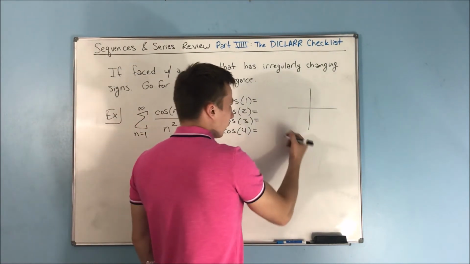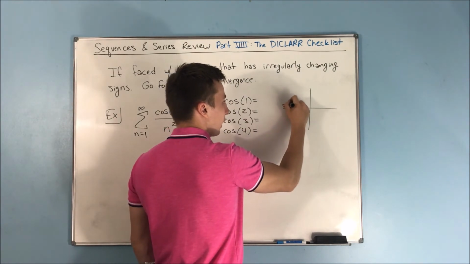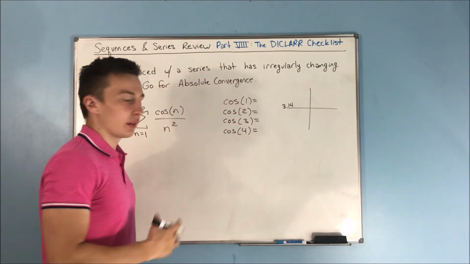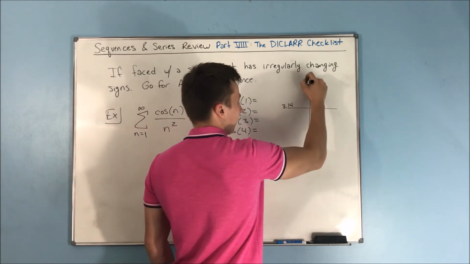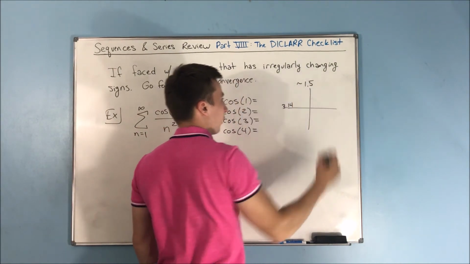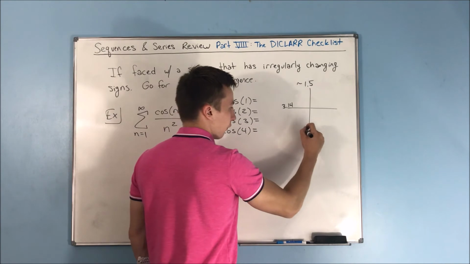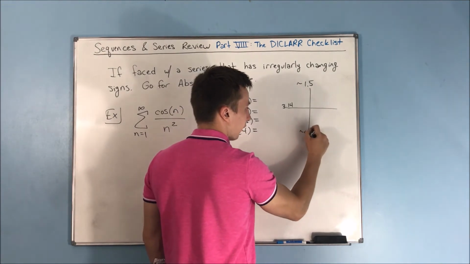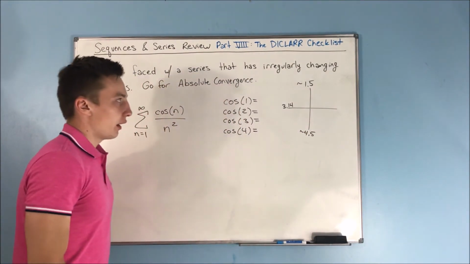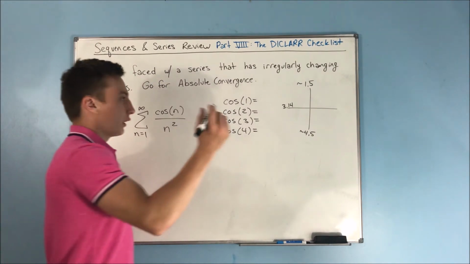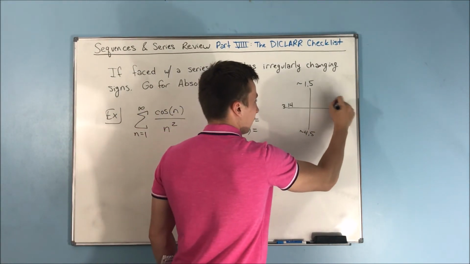So here, if you're at 180, it's 3.14 radians. So here's something like roughly 1.5. Here's something like roughly, let's say 4.5. And here's roughly like 6.3.